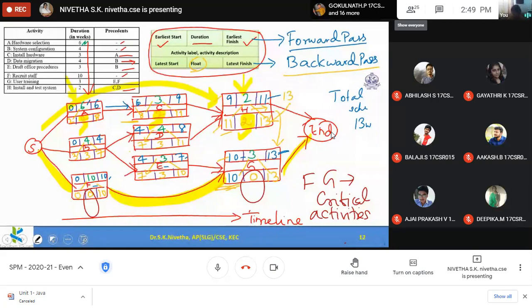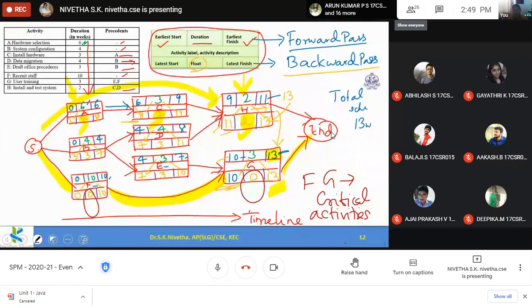If this 13 is not a rigid value, then we can adjust everything. But this 13 is a rigid value. During that time only I should complete the project, otherwise some loss will occur. We have to pay extra or something, profit will not come as expected, so all these must be taken care of.